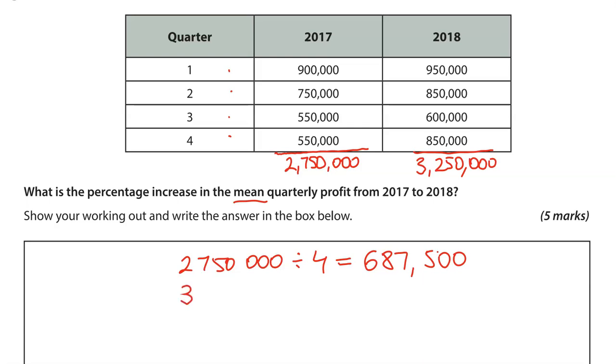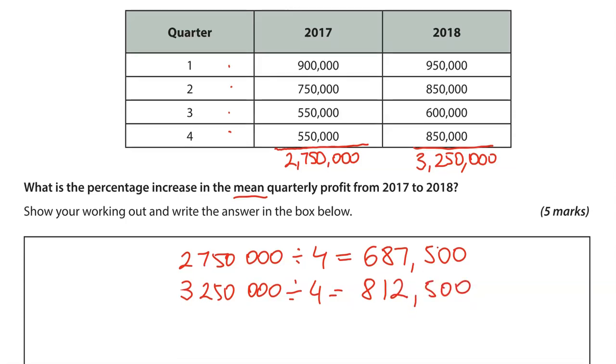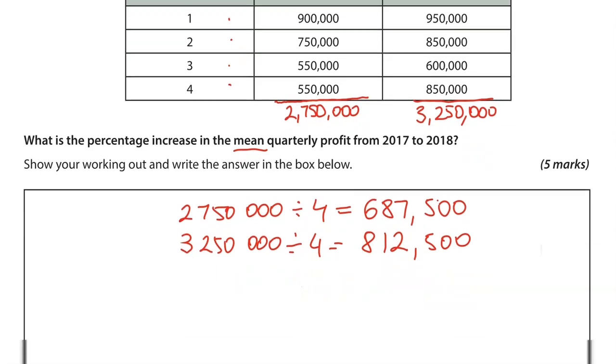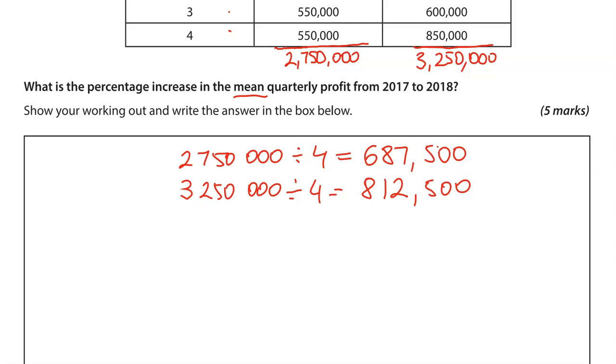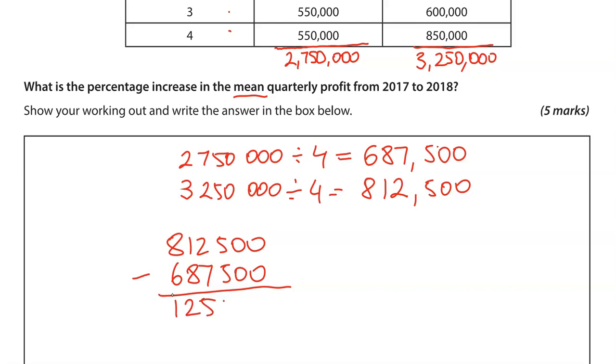So we're going to divide that again by 4, and it gives us 812,500. As you can see, there is an increase from 2017 to 2018, so we're going to work out that increase. So 812,500 take away 687,500 gives us 125,000 being the difference. So that's the increase.